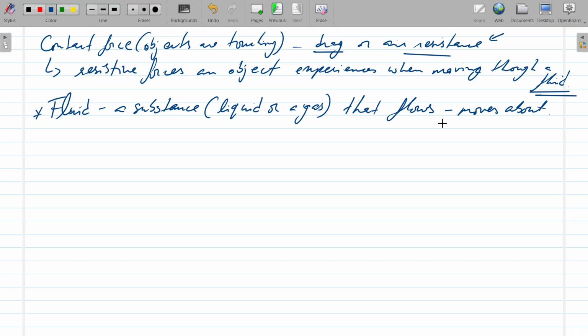So in that case, air in that sense is also a fluid. Okay. And so what these do, the drag or the air resistance, they act against the direction of motion.